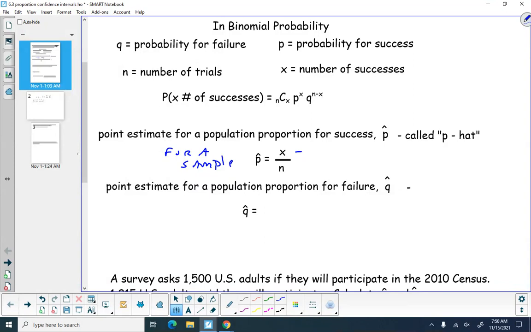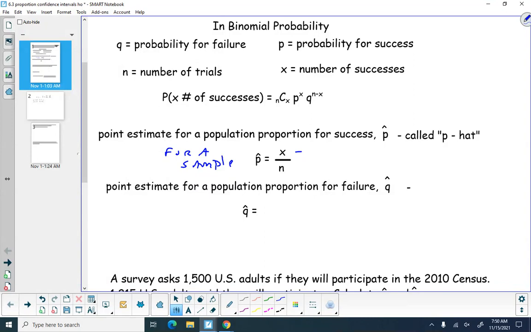Suppose I was polling this room, the number of people that ate breakfast this morning. And then I want to be able to determine for this entire school what percent of people ate breakfast this morning.